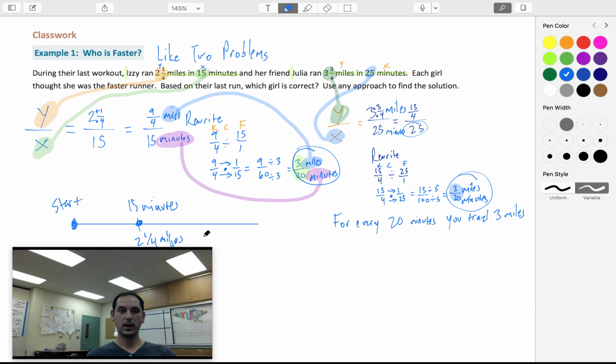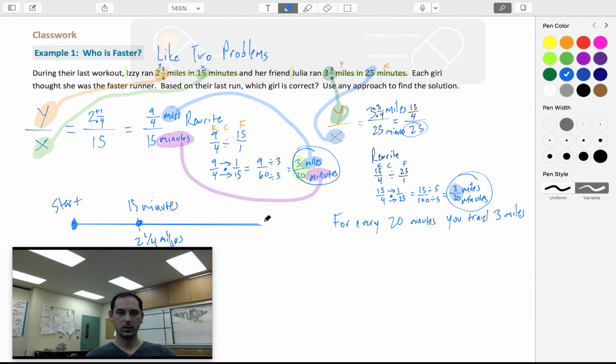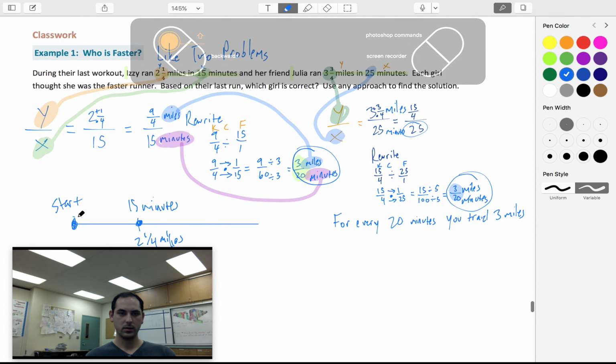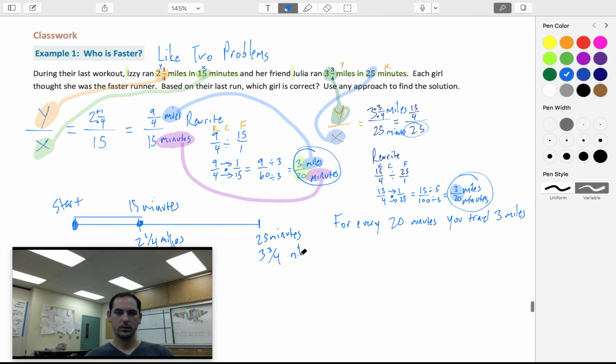Then one of them stops there, but the other one actually just keeps on going, to where they stop at 25 minutes. And at 25 minutes, they actually travel 3 3/4 of a mile. So they're running at the same rate, just one stopped before the other.